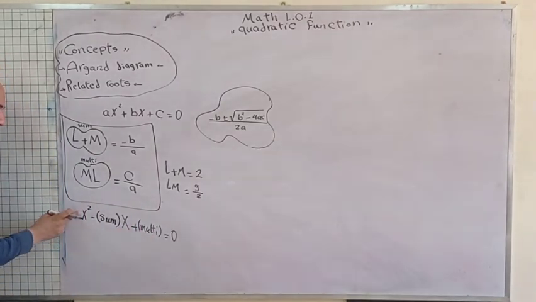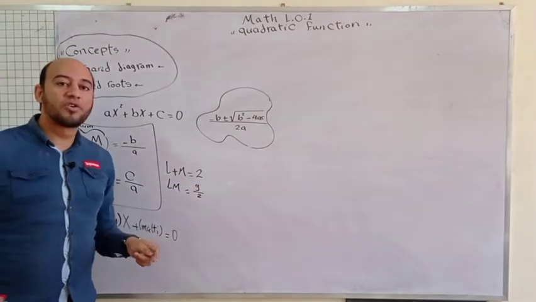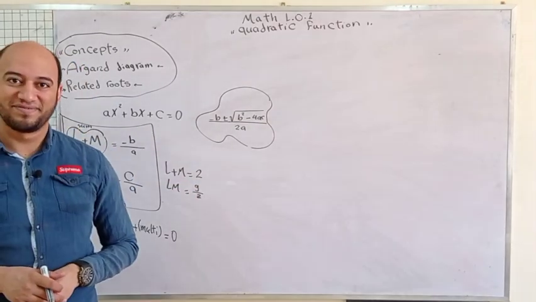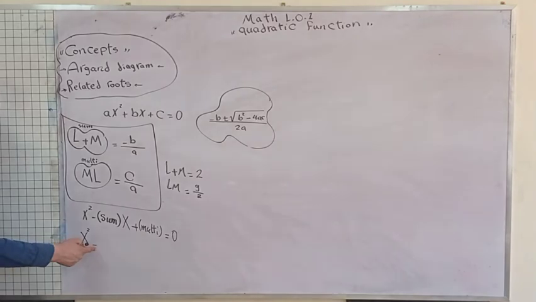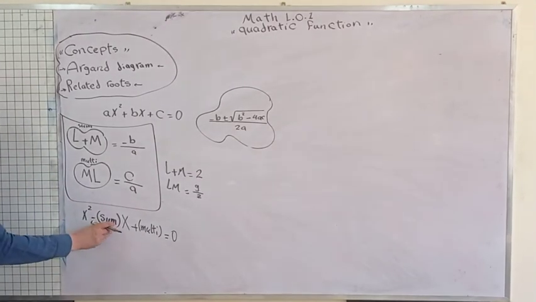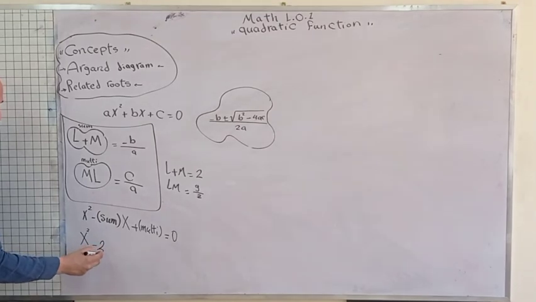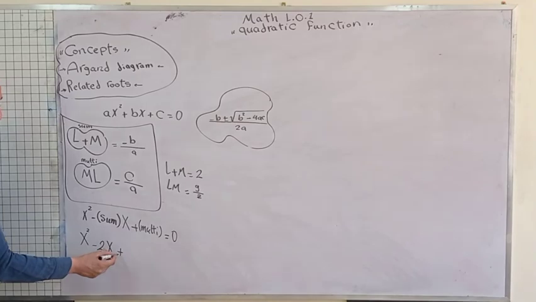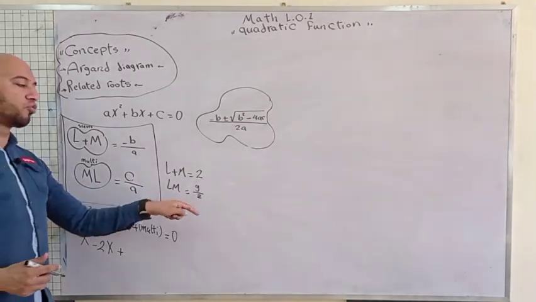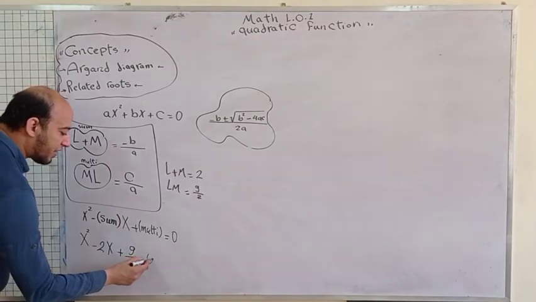The coefficient of x squared here is 1. Let's construct the equation. We set x squared minus, there is a minus in the law, the sum of the two roots, which equals 2, times x, plus the multiplication of two roots, which equals 9 over 2, and finally equals 0.